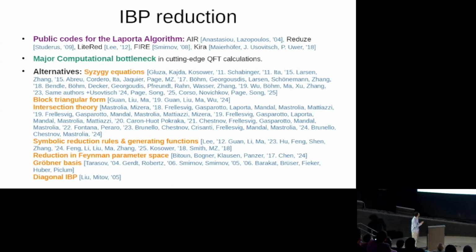Laporta's algorithm has been implemented with all sorts of improvements and variations in many publicly available packages. FIRE and Kira are probably the two most actively maintained packages, written in C++ for high performance.